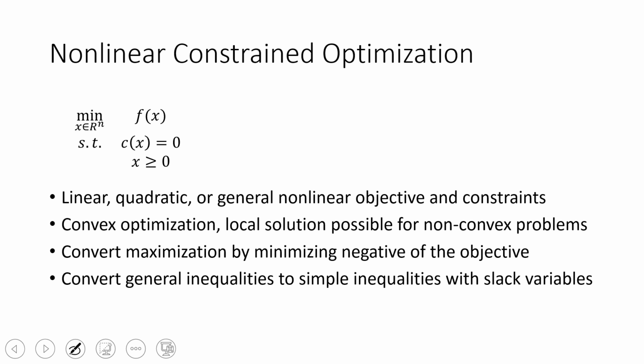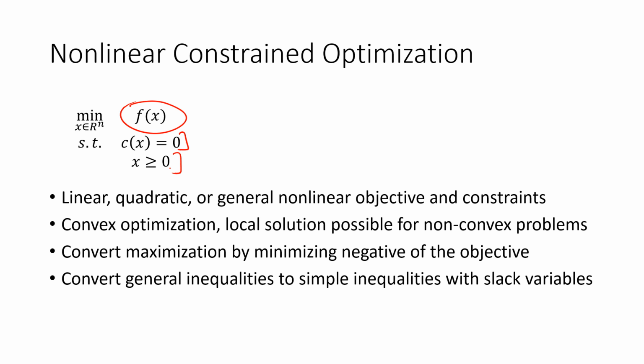First of all, we have this nonlinear constrained optimization problem where we're trying to minimize an objective function subject to some nonlinear equality constraints and some simple variable inequality constraints. This can be a linear, quadratic, or general nonlinear objective function and constraints. Typically this is applied for convex optimization.